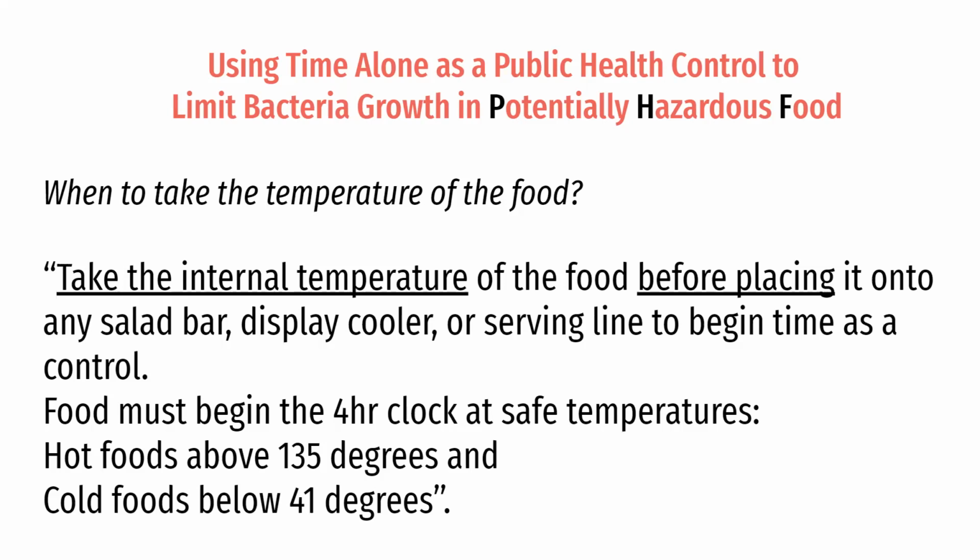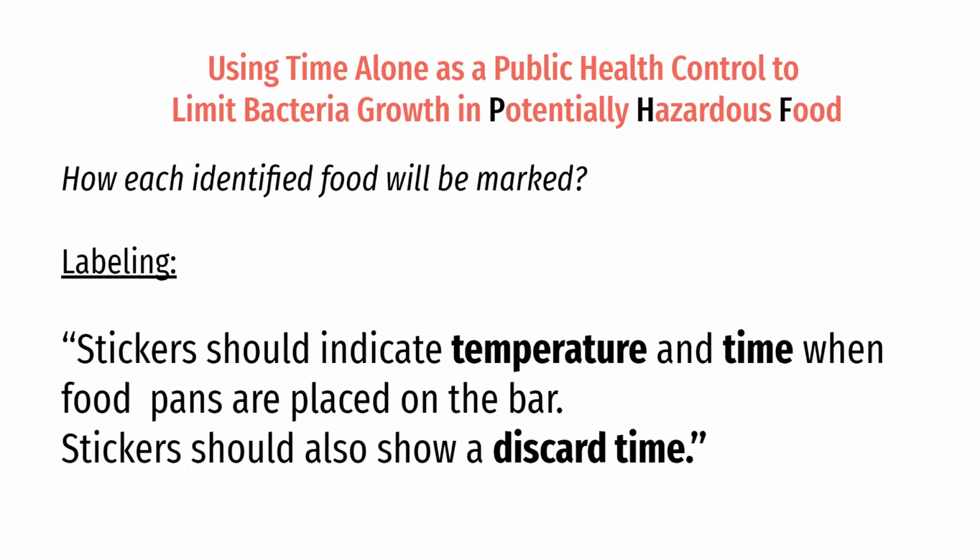Take the temperature using Smart Temp serving time as a control before placing it on the salad bar or serving line to begin time as a control. Record time, temperature, and discard time on the sticker. Discard time must be 4 hours from the time food is removed from the safe temperature.